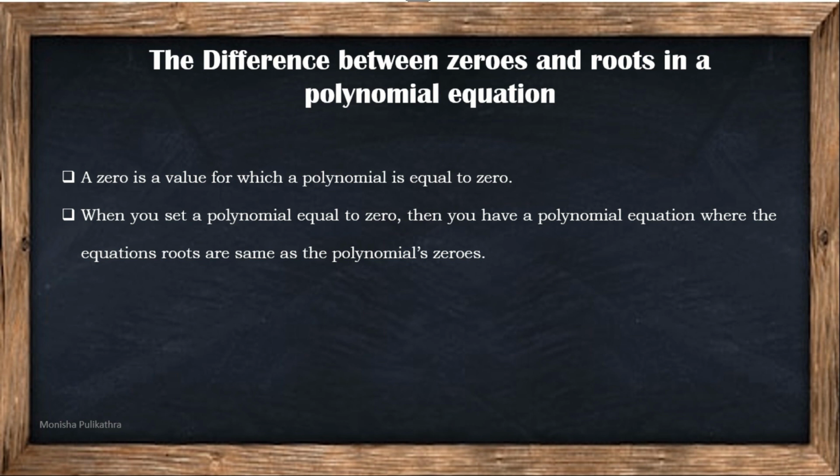And the number of roots is equal to the number of zeros of that polynomial. So the degree is equal to the number of zeros, and the number of zeros of the polynomial is equal to the number of roots. A root is a value for which a polynomial equation is true. A root is that value for which the whole equation is true.